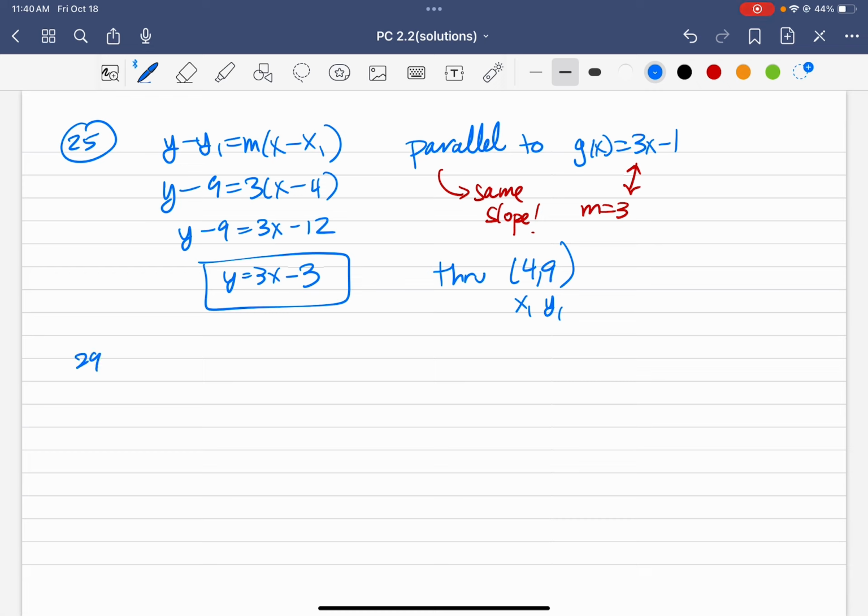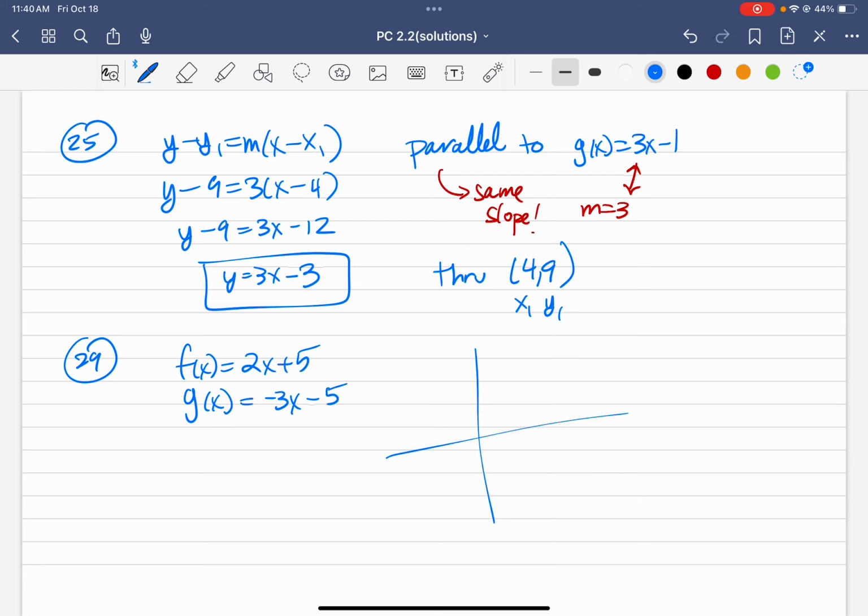Let me look at number 29. 29 is find the point at which this line intersects this line, minus 5. And notice where those two lines intersect is going to be when they have the same y values.